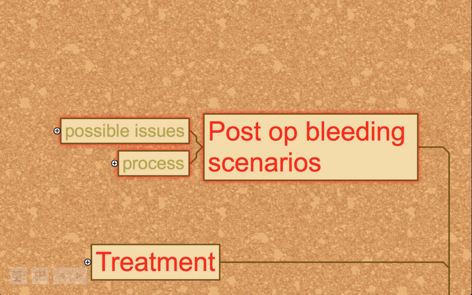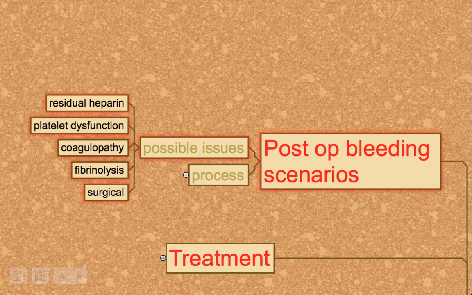Whenever we have a patient with a coagulation problem, we have to employ a systematic process for differentiating between all the possible causes and focus in on the proper therapy for the patient. We must weigh the evidence in favor or against the patient having residual heparin on board, dysfunctional platelets, a factor deficiency, or perhaps early clot lysis.